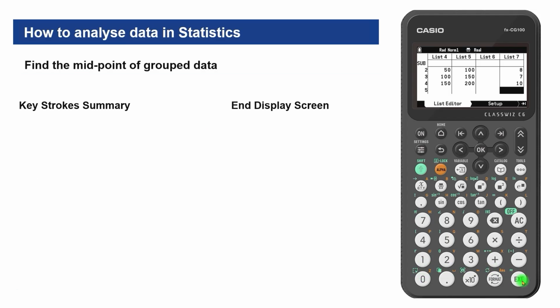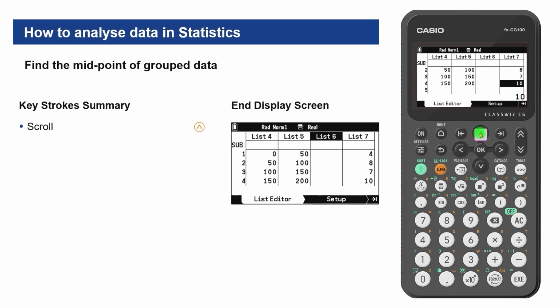Before calculating the summary values for the group data, the mid-class values need to be calculated. Instead of manually entering the calculation for the mean of the lower and upper bounds, it is possible to use the handset's functionality to make the process more efficient. Scroll to the list header of the vacant list 6 and open parentheses.